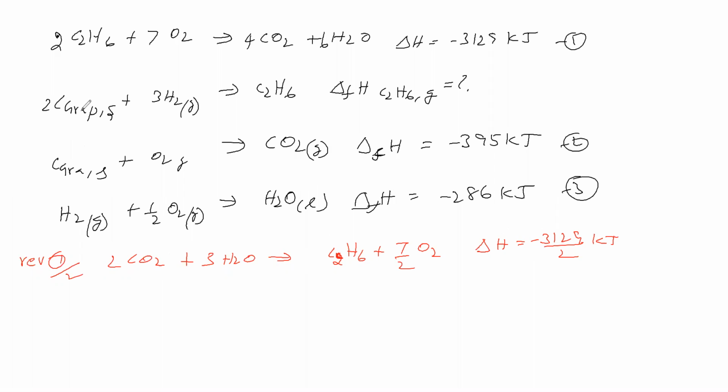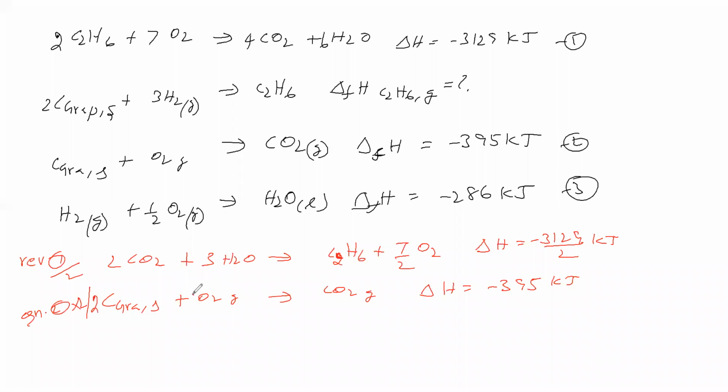Next, in the required equation, we want graphite, that is available in equation number 2. So equation number 2 we are taking, that contains graphite solid plus O2 gas gives CO2 gas, delta H is equal to minus 395 kilojoule. In the required equation, we want graphite 2 times, therefore multiply equation 2 by 2.